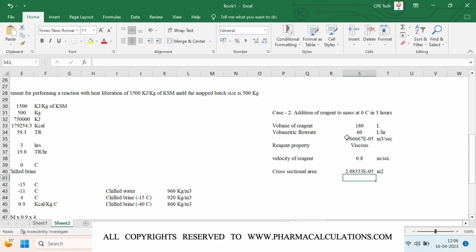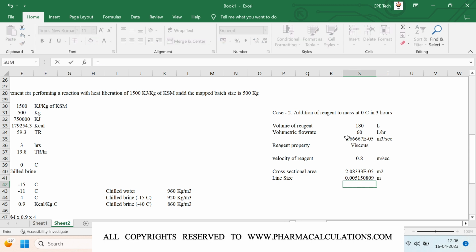So apply the same formula to calculate the line size. So the line size is going to be the cross-section area multiplied with 4 divided with 3.141 to the power 0.5. This is in meters.